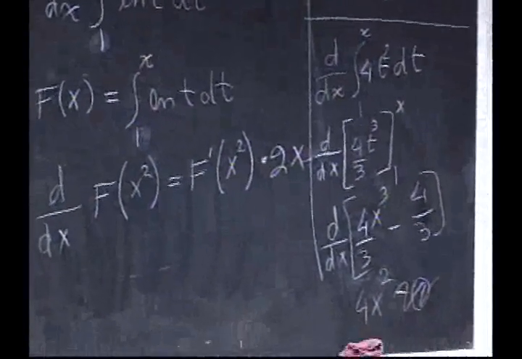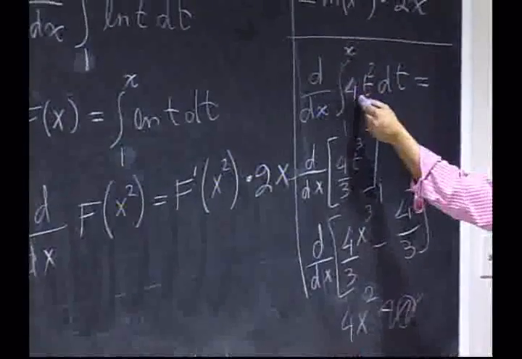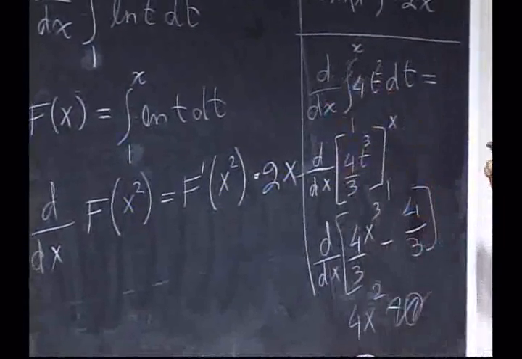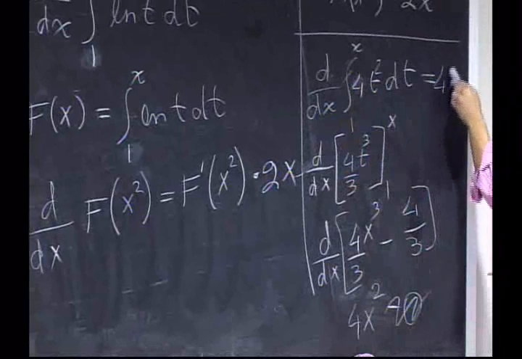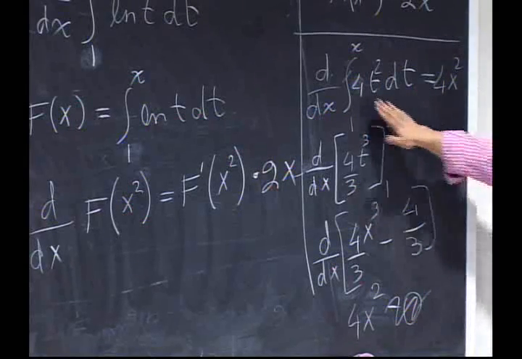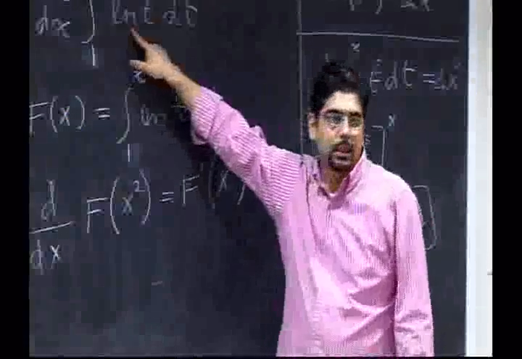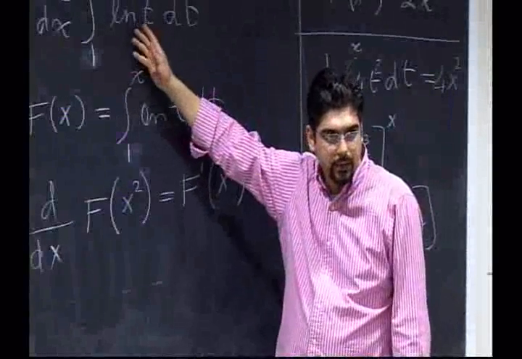So the shortcut using the theorem tells me that to do the derivative of the integral, they kind of cancel each other out, so to speak. And it's just plugging in the upper limit, 4x squared. Except for this one, I could do this, but for this question, I couldn't even integrate the ln. I don't know how.